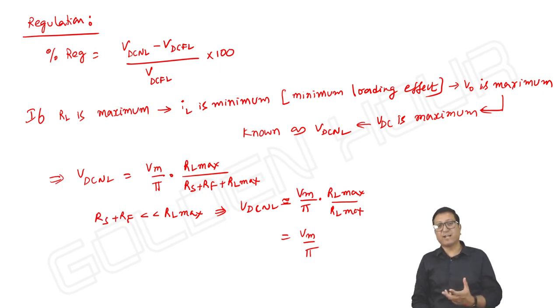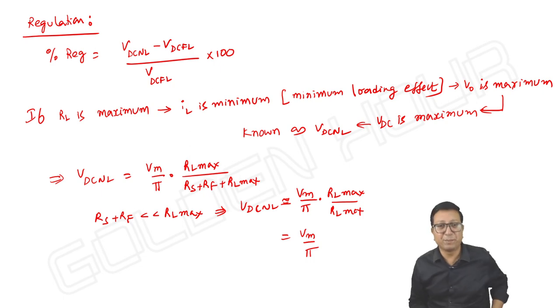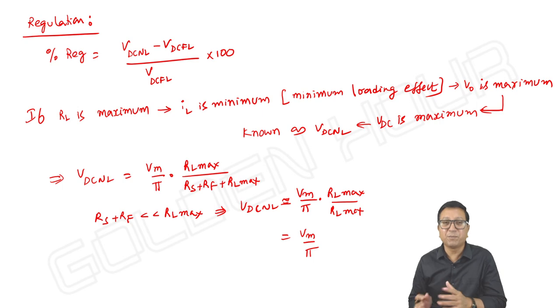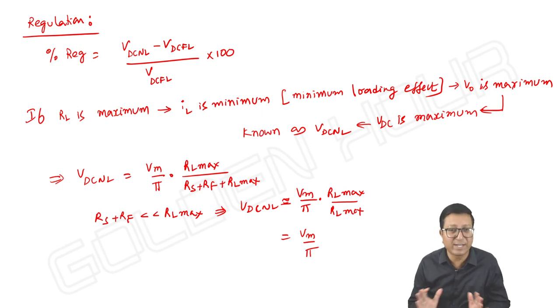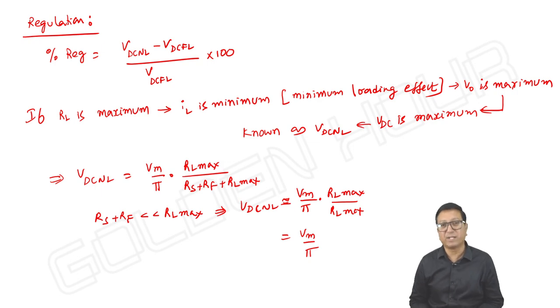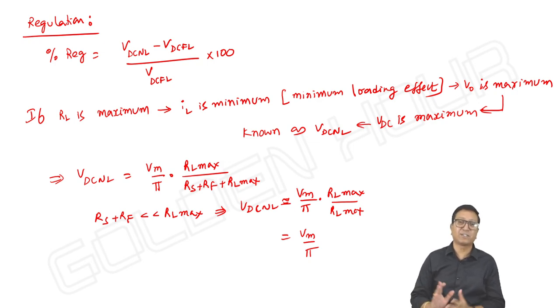We are increasing RL such that IL is about to become 0. Okay, that's the meaning. It's not like simply removing RL. We cannot make RL infinite. If RL is infinite, then the circuit is no more a rectifier. The diode never conducts at all, and output is always equal to secondary voltage. So we cannot take that way.